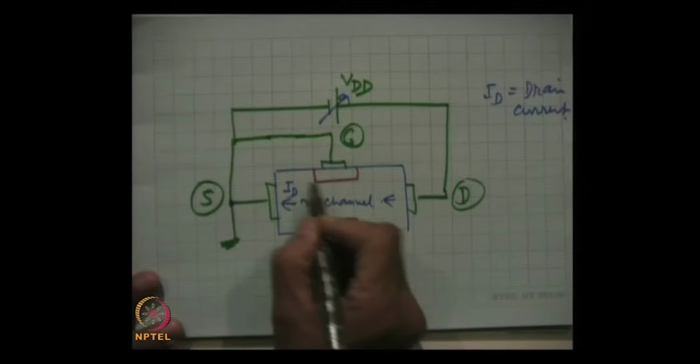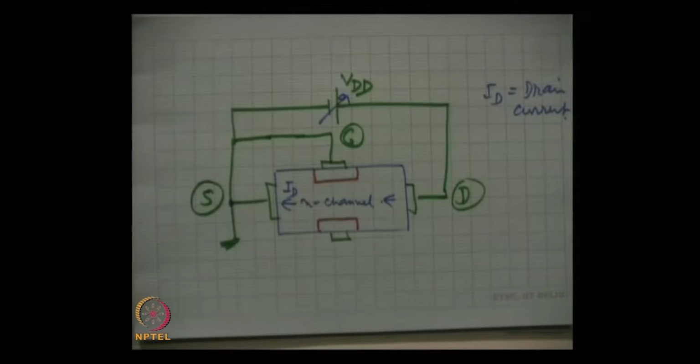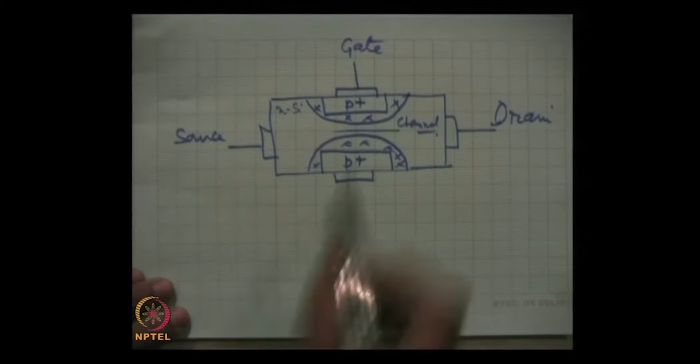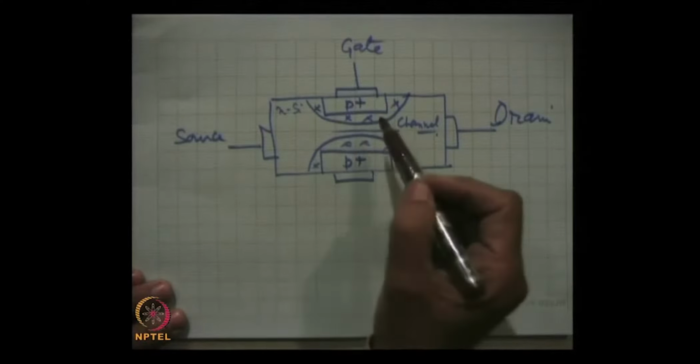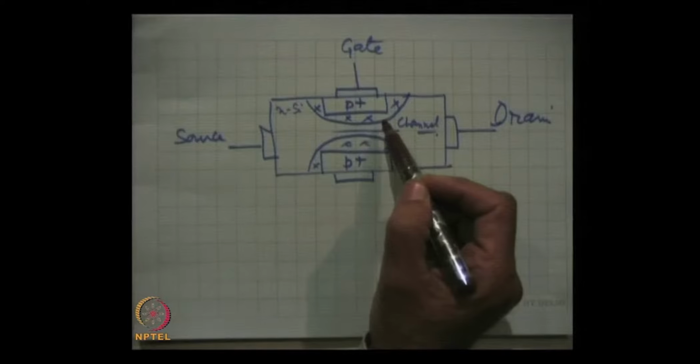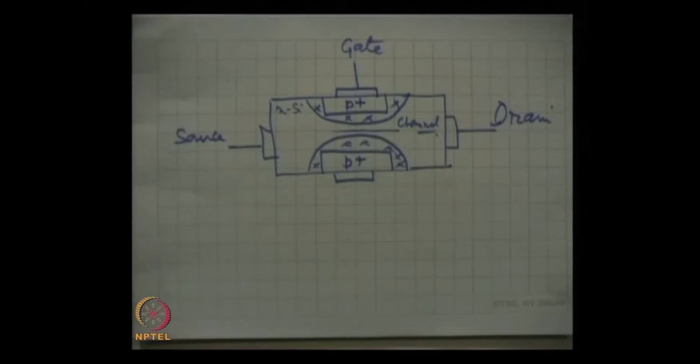The depletion region, this was the depletion region. Depletion region will be widened in two ways. You remember we said that depletion width of a PN junction increases on reverse bias.